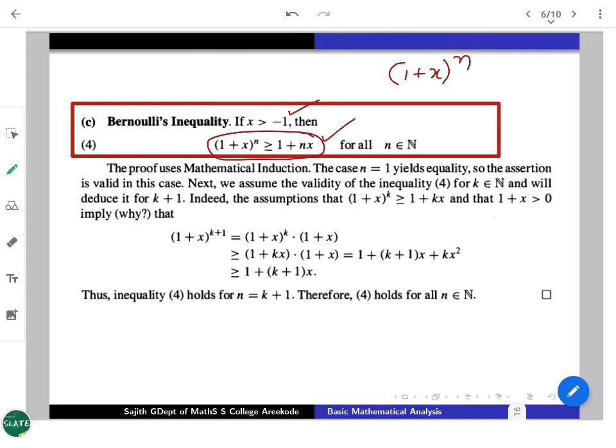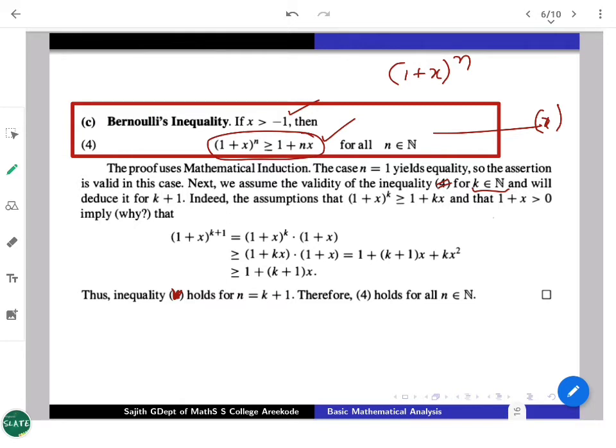Now just assume that, I may just write the inequality as star. So you assume that it holds for k, some natural number k. Then what you are trying to show is that it is going to be true for k plus 1. That is what you are trying to look at. But it's easy.